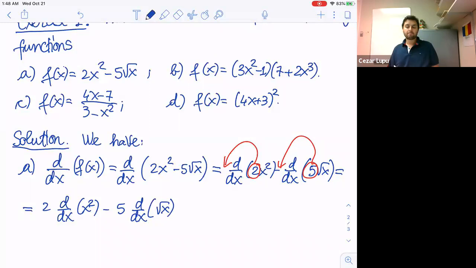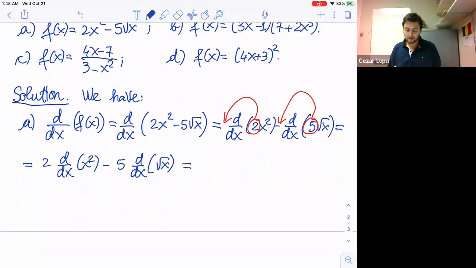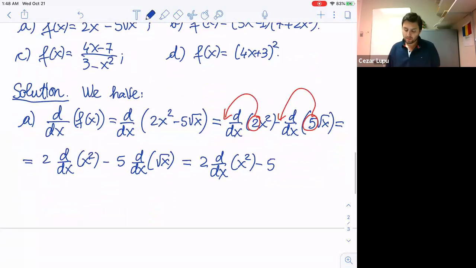Well, we can apply the constant rule now. So let's rewrite this a bit. It will be 2 times the derivative with respect to x of x squared, minus 5 times the derivative with respect to x. And this square root, we can write as a power function, so this will be x to the power 1/2.